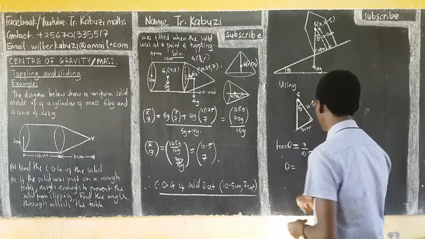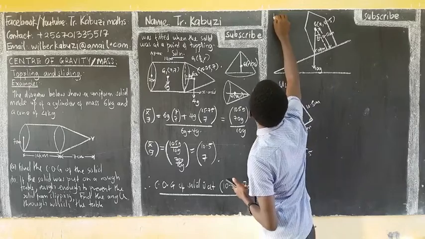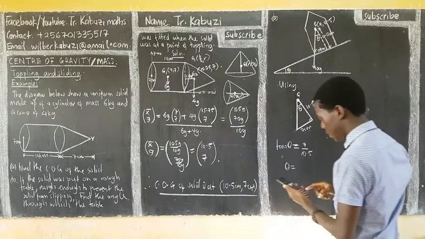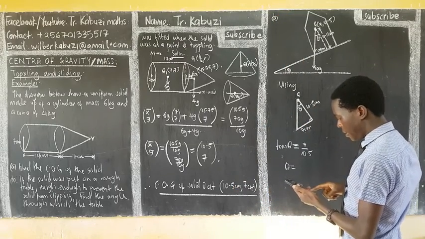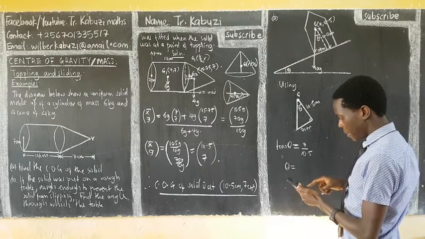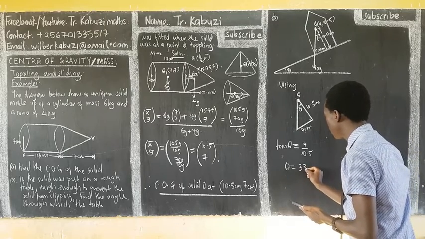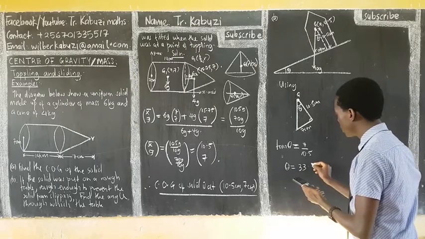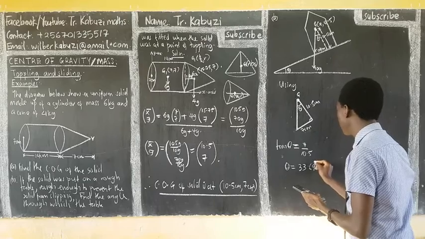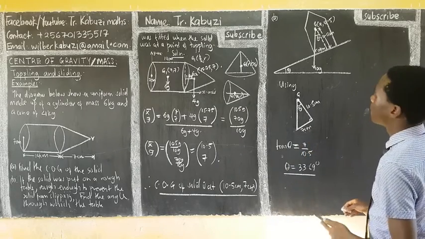Here my theta, this is our part B, is going to be 7 divided by 10.5, which gives 33.69 degrees. So this is the angle where the table is tilted.